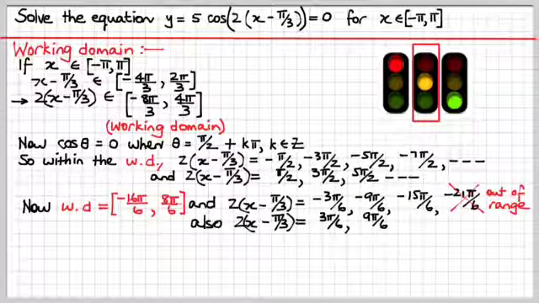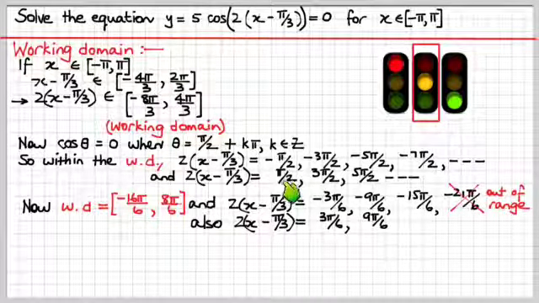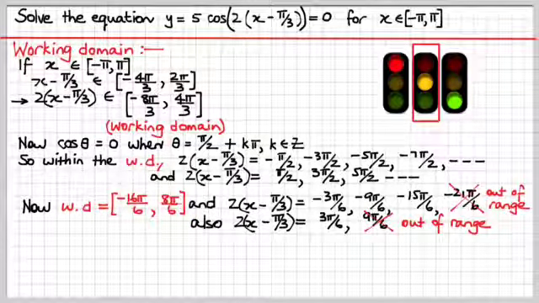Then, similarly, in the forwards direction, I know that 2(x − π/3) could be, I'm multiplying these top and bottom by 3, so I've got 3π/6, 9π/6. Now 9π/6, let me see. It's too far, guys, so I'm going to chuck that one out. That's out of range. Discard that one.